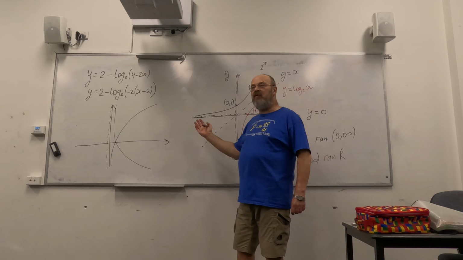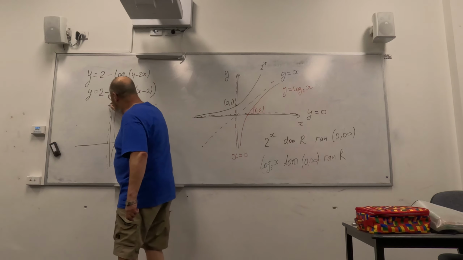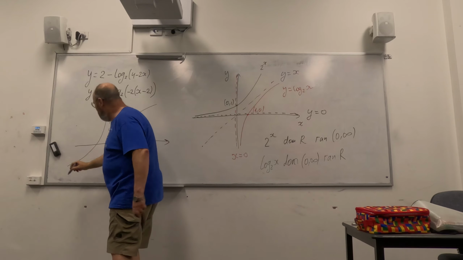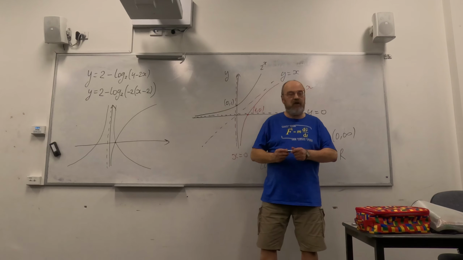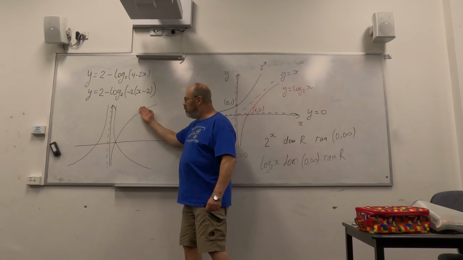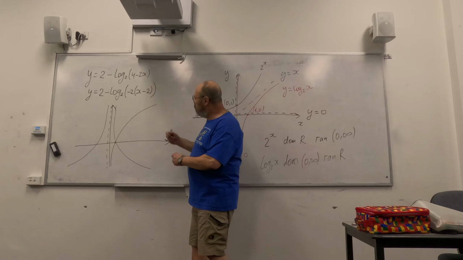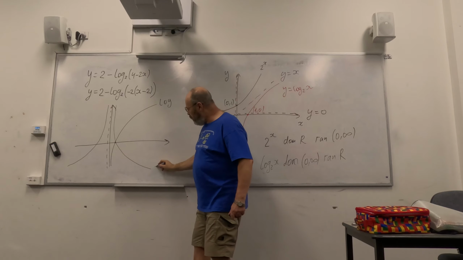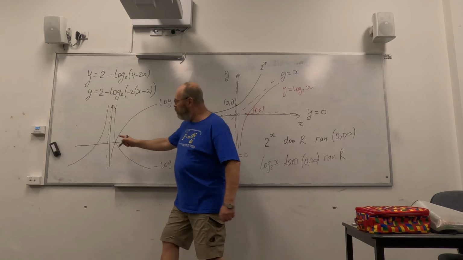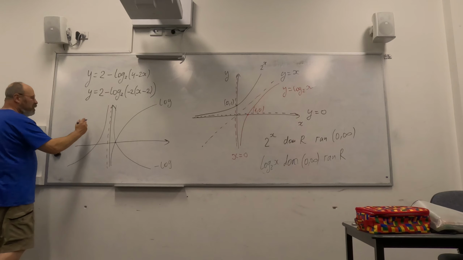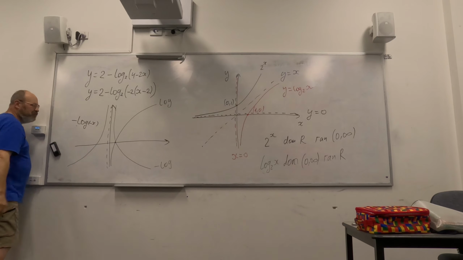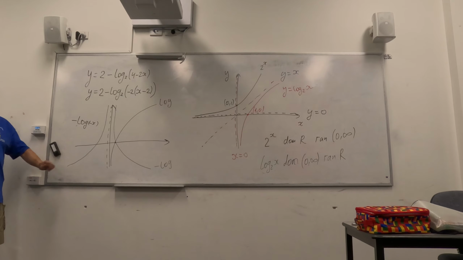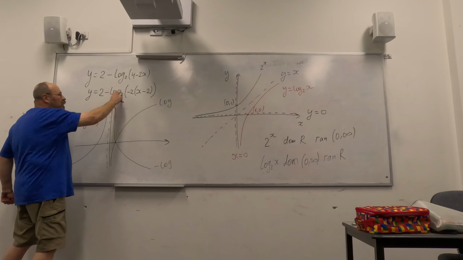And then we reflect in the y-axis, that will become this graph. We have not finished yet, this is just two reflections. This is log, this is negative log, and when you reflect in y, it's negative log of negative x. So we've accounted for this minus and this minus.